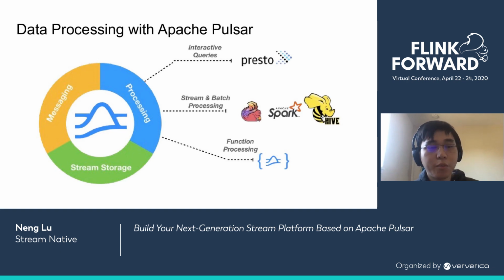In terms of data processing with Apache Pulsar, we support different modes. The first one is interactive query systems like Presto. We also support stream and batch processing, like Flink, which we will talk about later, and also Spark and Hive. And it also has its native APIs for serverless functional processing called Pulsar Functions.